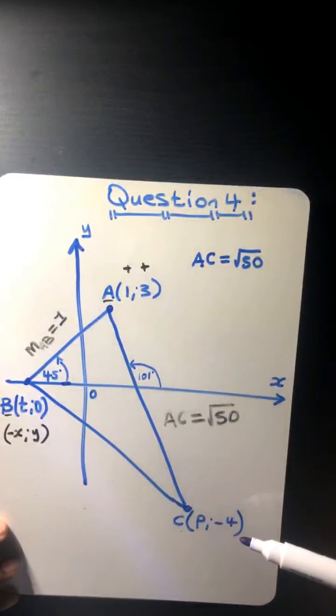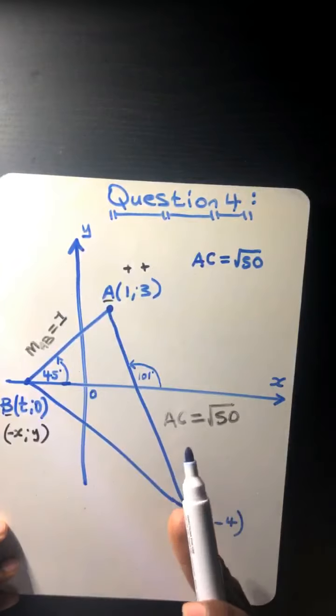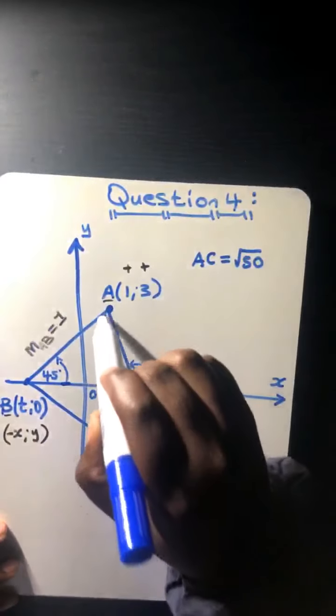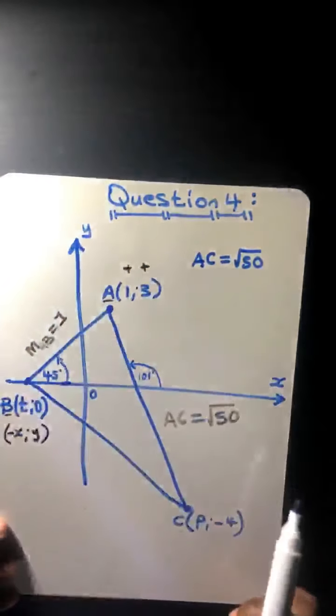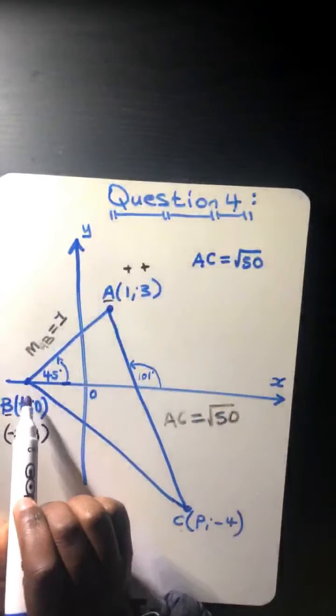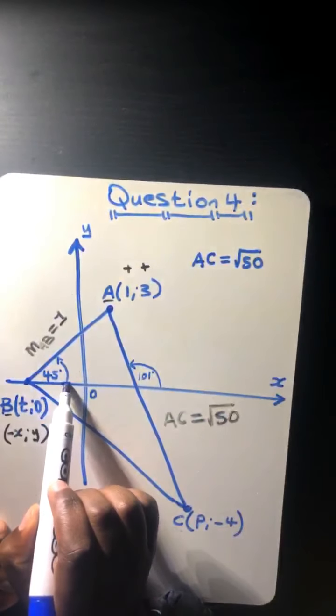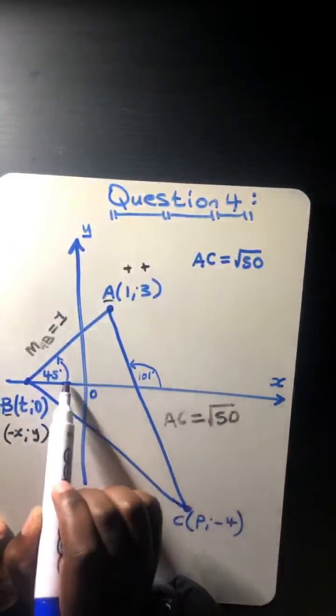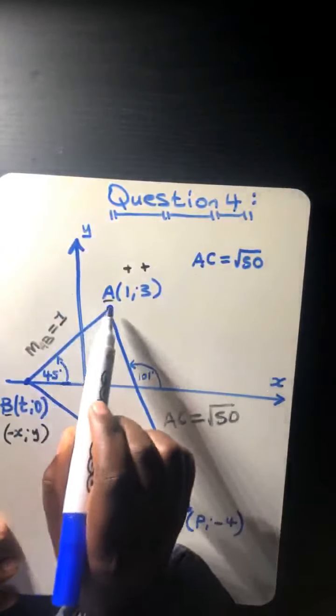Obviously you'll be expecting a negative gradient because this line is crossing or ending in the third quadrant, and if you extend it, it was going to end in the second. But can you see that angle is from the x-axis going to touch the line of AB.